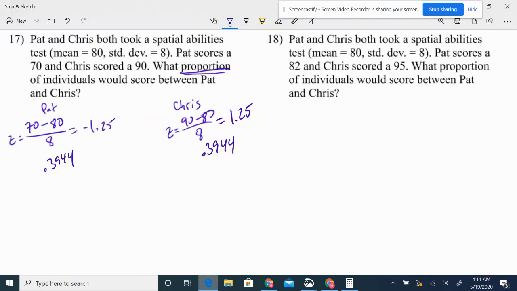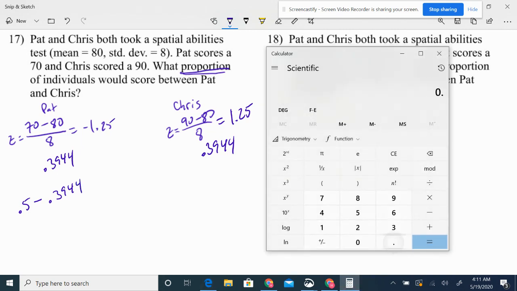So for Pat, I'm going to go 0.5 minus 0.3944. For Pat, the percentile that I get is 0.1056.